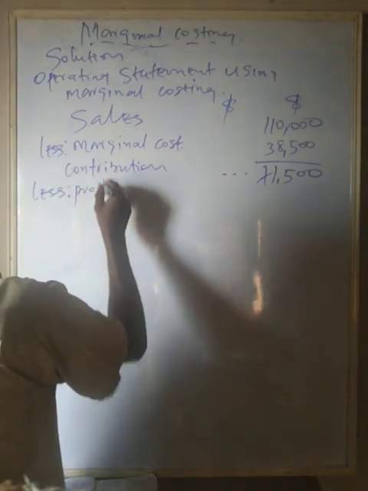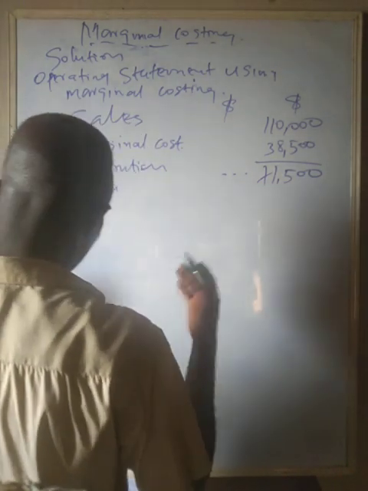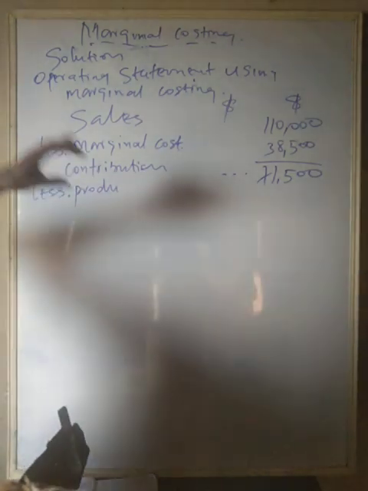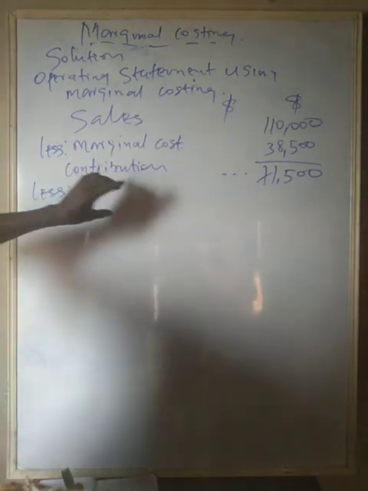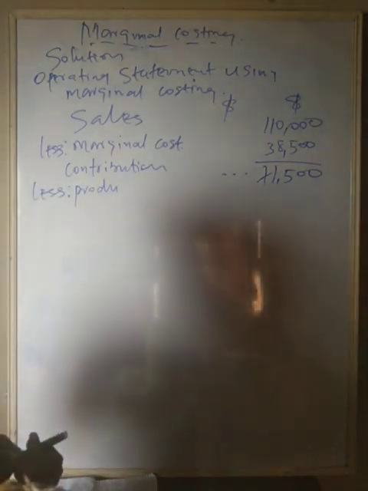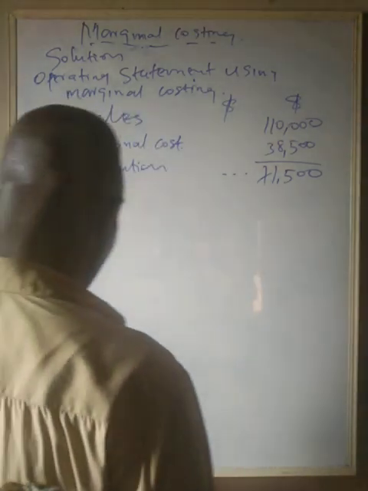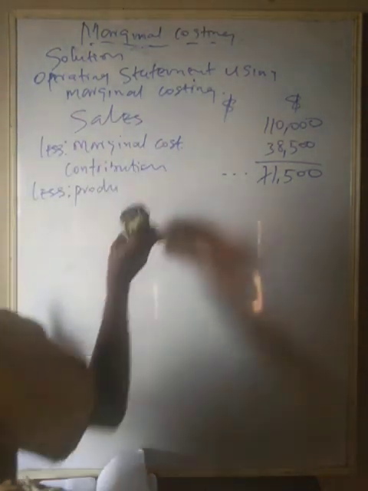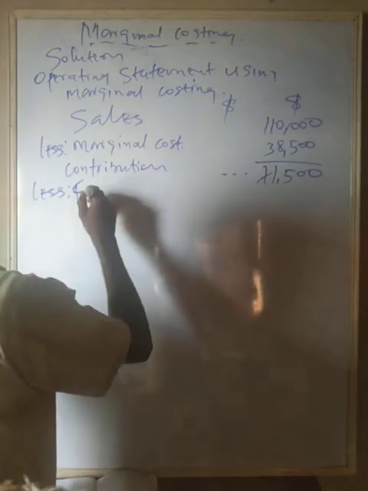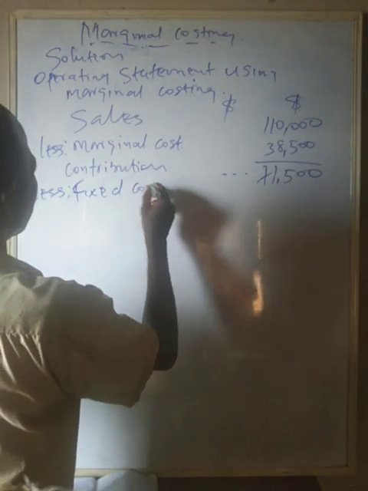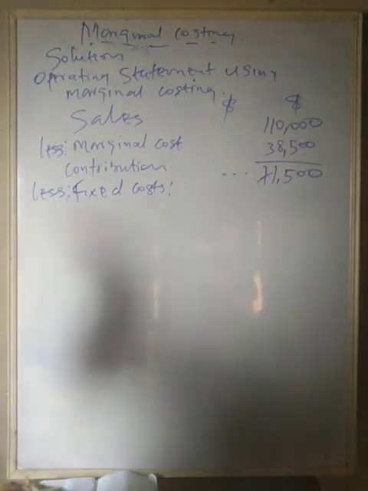Marginal costing distinguishes between variable cost and fixed cost, so the fixed cost comes down. Less the fixed cost, and the composition of this is both the production and the selling and distribution.